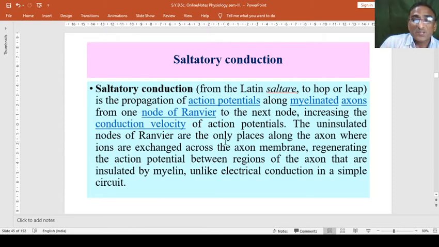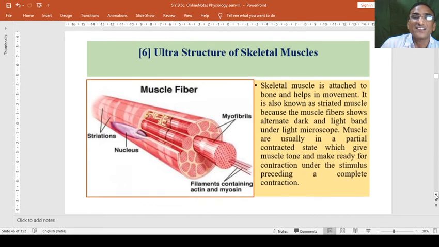The action potential jumps between regions of the axon that are insulated by the myelin sheath. Unlike electrical conduction in a simple circuit, this jumping or leaping, saltatory conduction, occurs in myelinated nerve fibers.